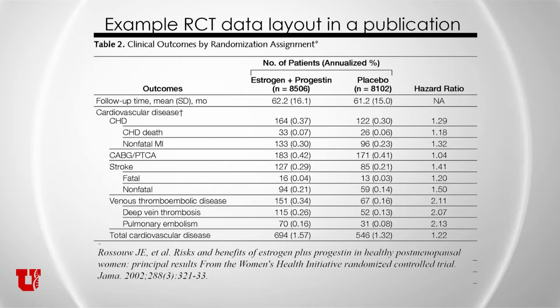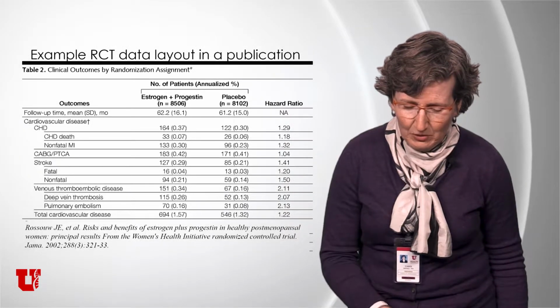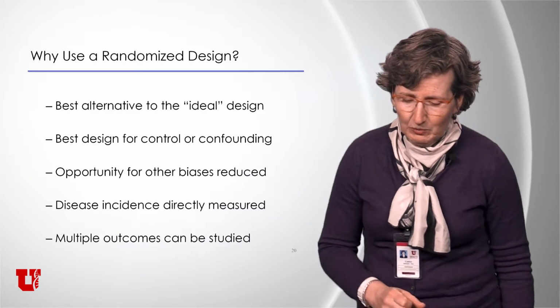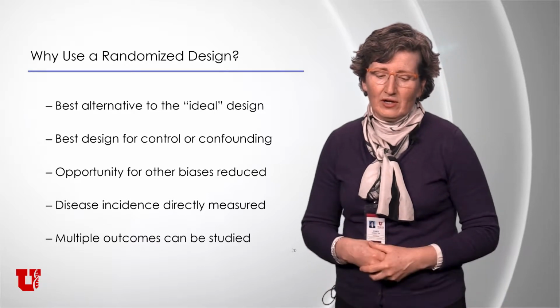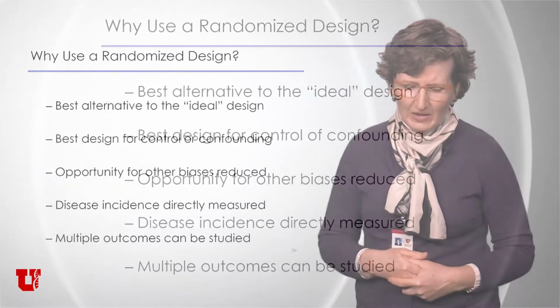So for instance, if you look at the third row, CHD death, there were 33 CHD deaths, or 0.07% per year in the exposed, the treated group, and then there were 26 CHD deaths and 0.06% per year in the placebo group. So not very much difference in that important outcome in this study. So again, just an example of how people might present their data, and we'll talk again more about this in the lecture on measures of association.